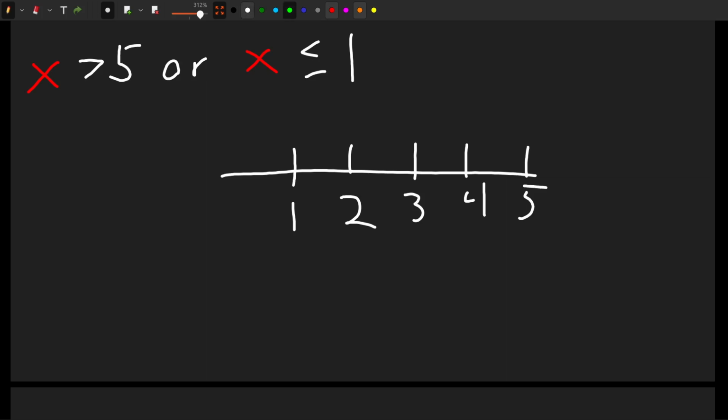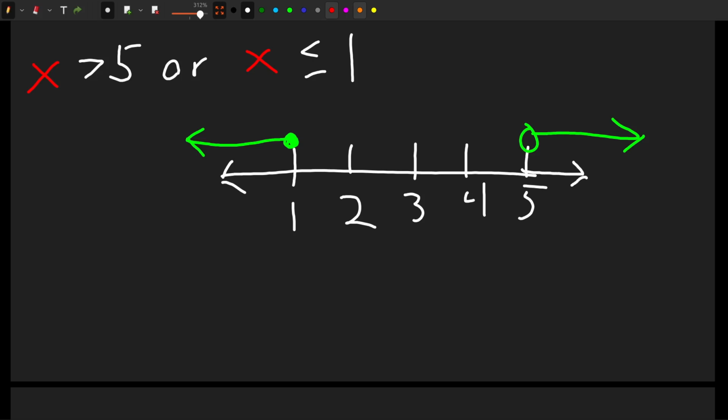I'll start with the left-hand side. x is greater than 5. So since it's just greater than, that means it's an open dot. And since it's anything greater than 5, it goes on and on into infinity. If x is less than or equal to 1, it's a closed dot. And it goes less than 1. And so we get something that looks like this.